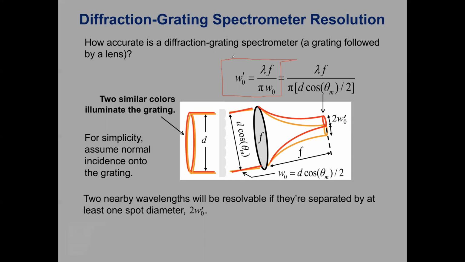If you don't remember that, take it on faith for now, but you can go back to the lab material to see that formula. Then we can plug in the results from the geometry here, using our formula from that lab, to get the radius of these beam spots in terms of the wavelength, our diffraction angle, and the focal length of our lens. So we can predict how big these spots are. That's the takeaway message. And we need the spots for our two wavelengths to be separated by at least 2 times this distance.